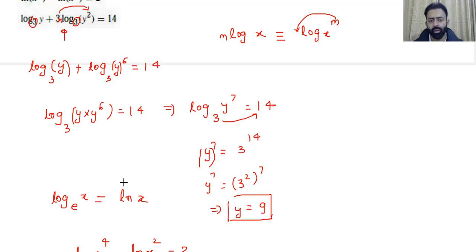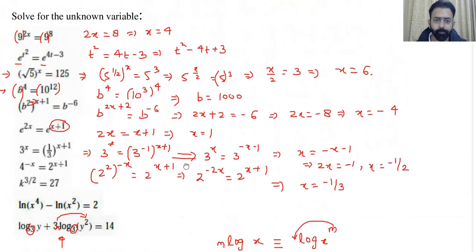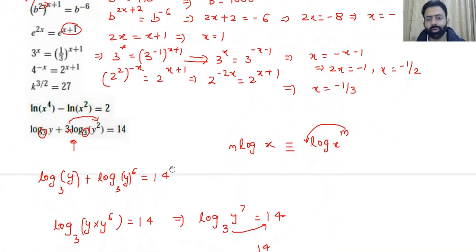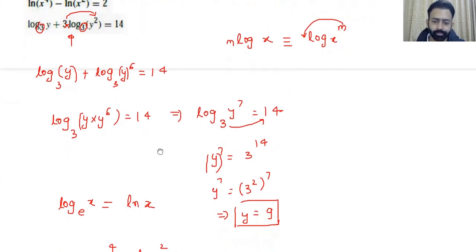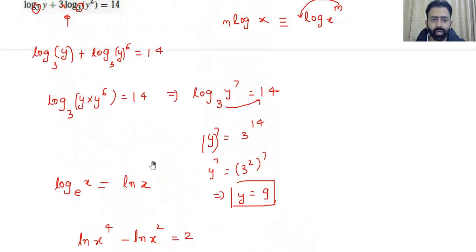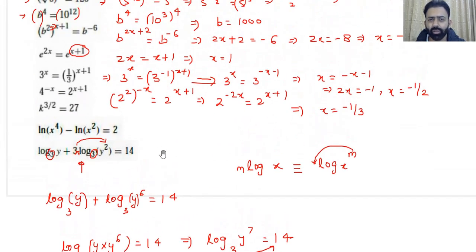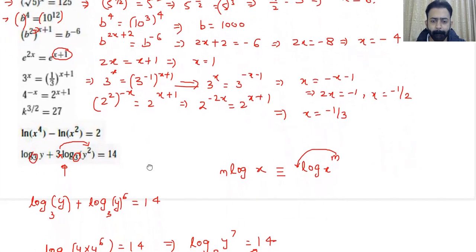Okay, so this is how you solve questions involving exponents and log. After all, in log also we need to convert the equation into exponent form, right? So that's it. I think just to understand the concept of exponents and log, these questions are enough.